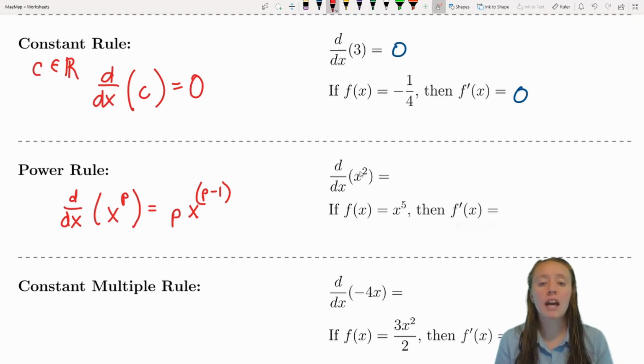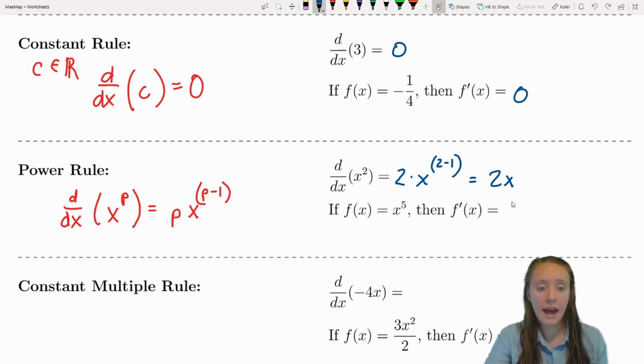So let's take a look at this derivative of x squared. Dropping our exponent down in front, we'll have 2, and then we multiply that by x to the 2 minus 1. p times x to the p minus 1, you'll see that this simplifies down to 2x to the, well, 2 minus 1 is 1, so 2x to the first, which is 2x.